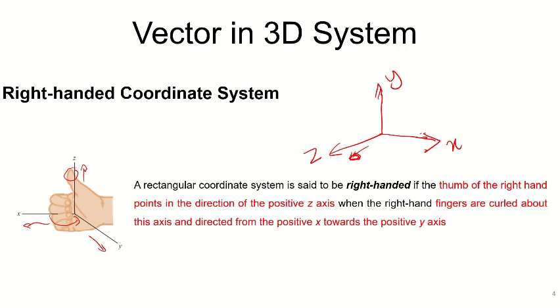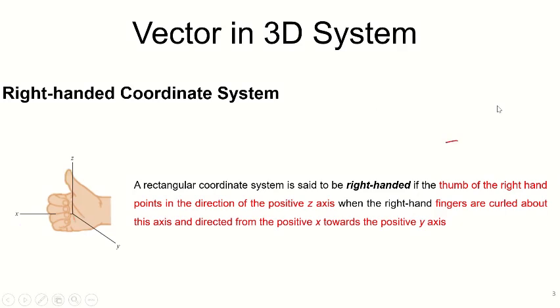If someone says my positive z is in this other direction, then your positive x is here and positive y is here. So you should use the right hand rule to mark the positive direction of the x, y, and z coordinates. This is where we use the right hand rule, right?